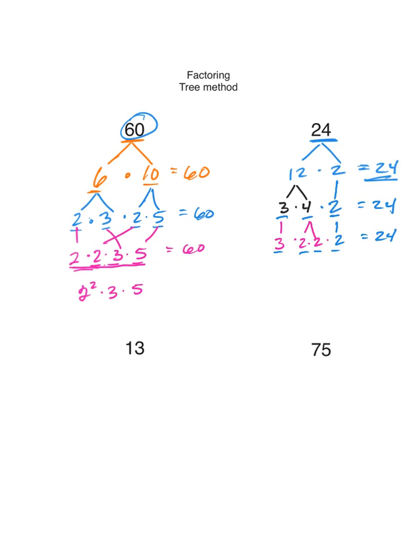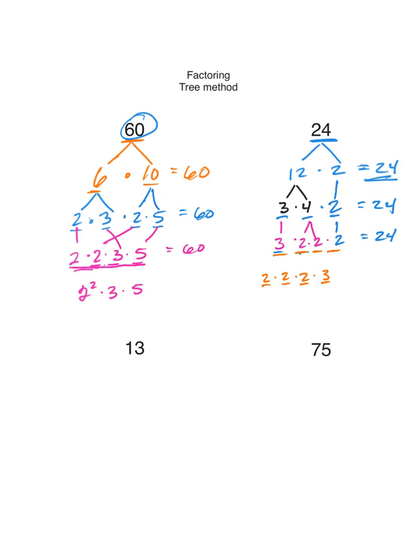So quite simply, this is going to be 2 times 2 times 2 times 3. This is the expanded form. When I check that, 2 times 2 is 4, times 2 is 8, times 3 is 24. So this checks to be 24.